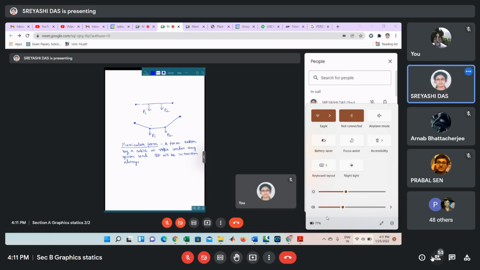Now if we draw a force diagram from here, let us name the spaces: suppose the name of this space is O, this is capital A, capital B, capital C. The first thing is we have to name the spaces, and then we have to apply Bow's notation.